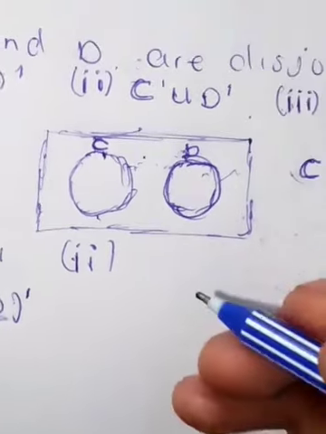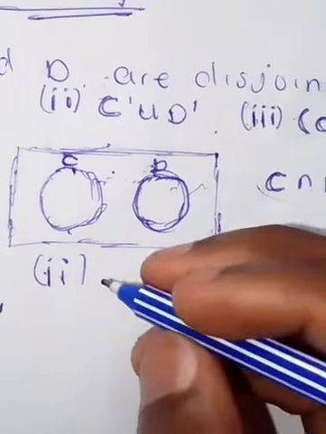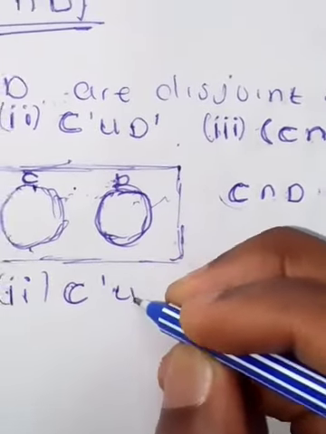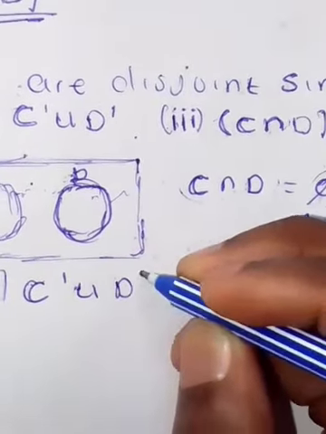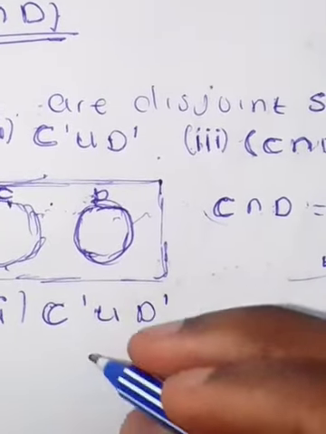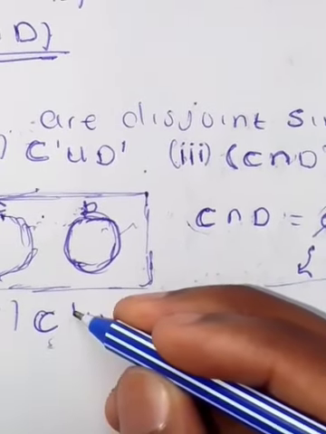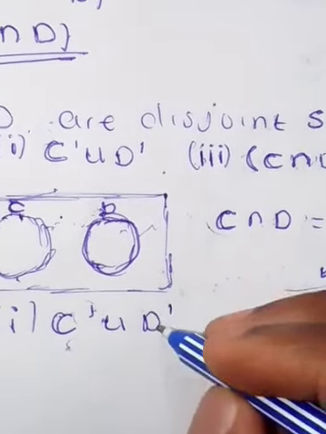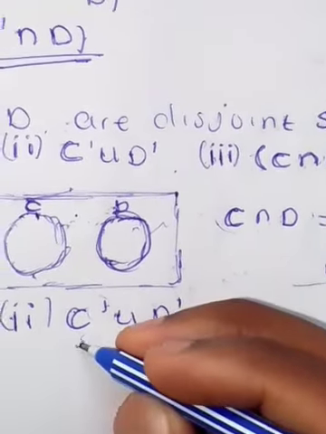So question 2, they want us to simplify C complement D complement. So the moment you see a complement written like this, you need to factorize the complement, where you reverse this whole thing. So this can be reversed like this.